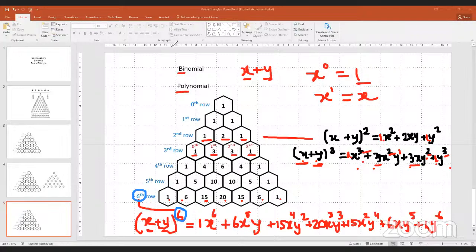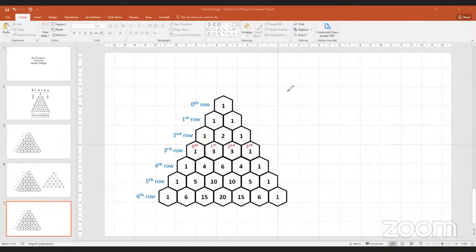Okay, now a question. What if, before we just talked about when it has no coefficient, or the coefficient is 1.